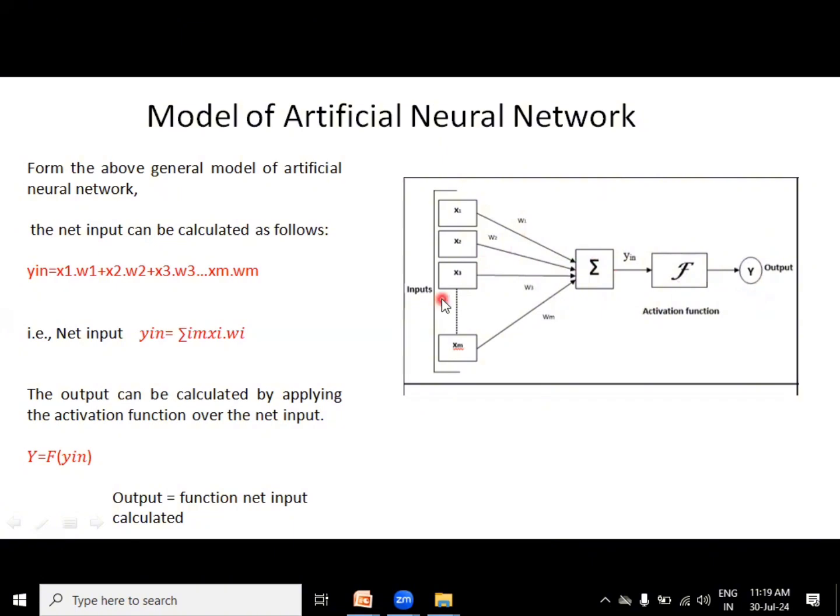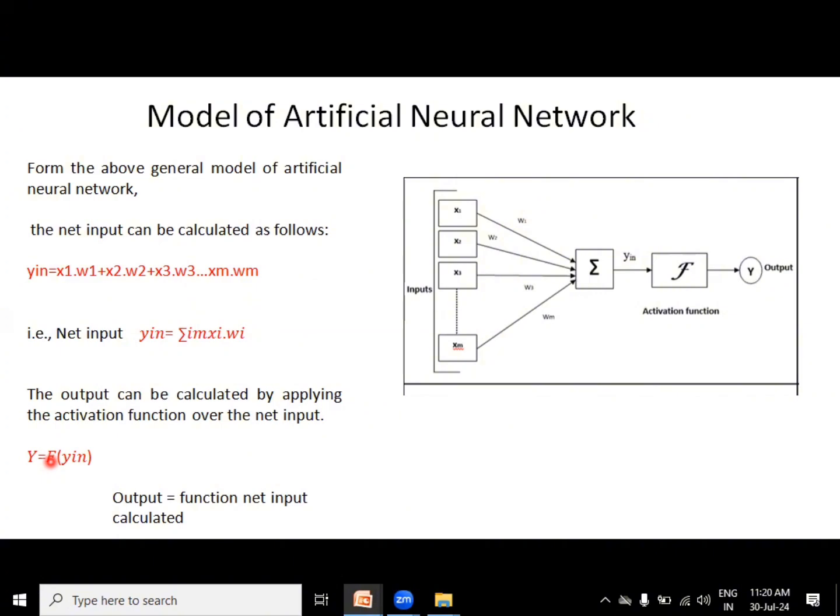So here the summation function is x1 into w1 plus x2 into w2 plus x3 into w3, till xm into wm. This is called the summation function, meaning respective input and weight: x1 into w1, x2 into w2, x3 into w3, all inputs and weights summed together, and then the net input is applied to the activation function f(y).